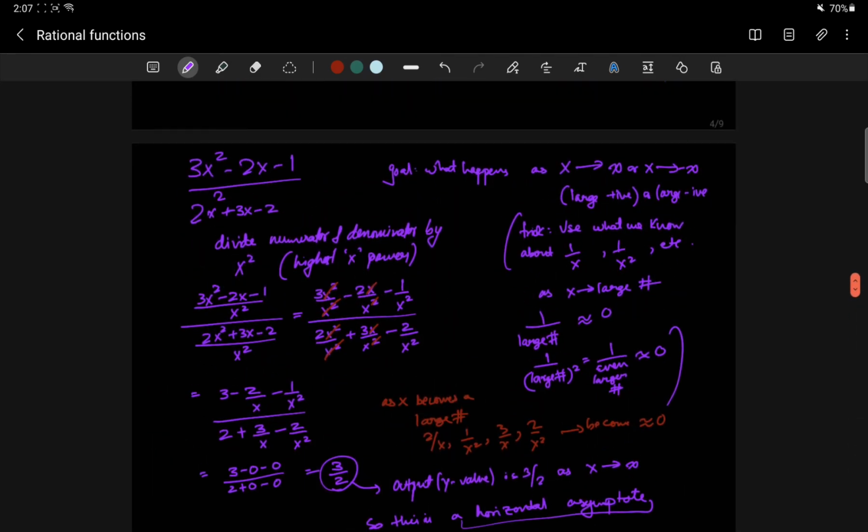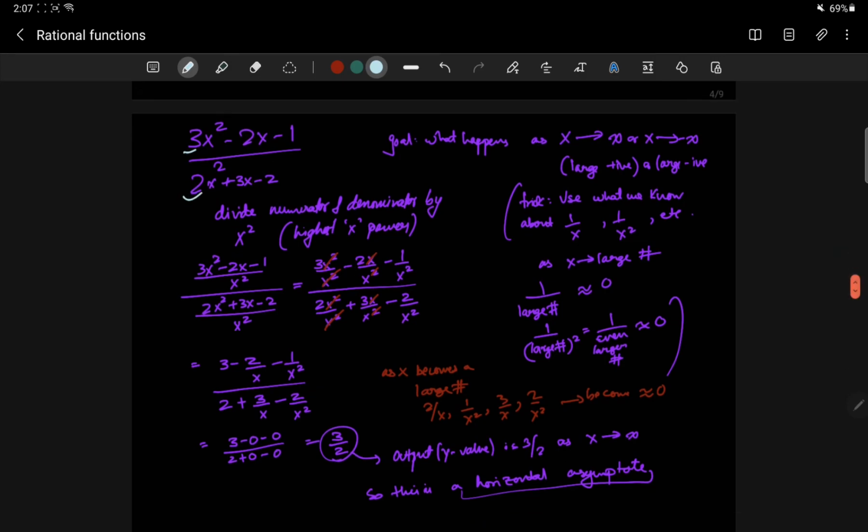Over here, the ratio is 3 to 2. So 3 over 2, that's the horizontal asymptote.